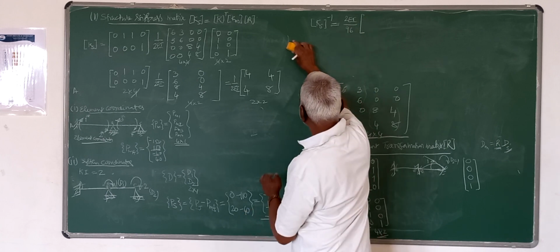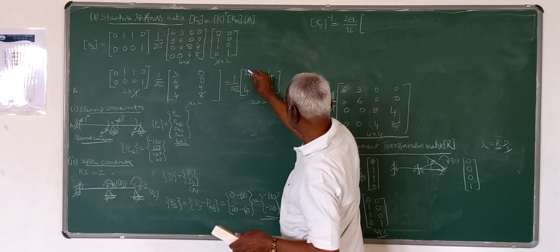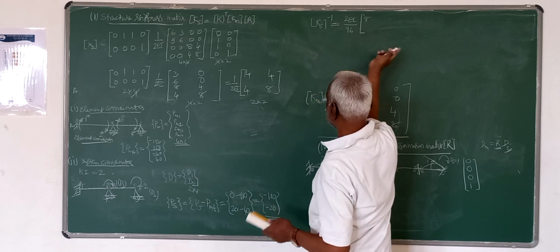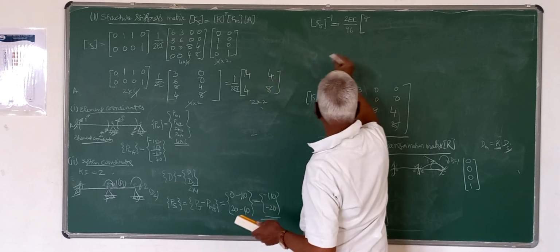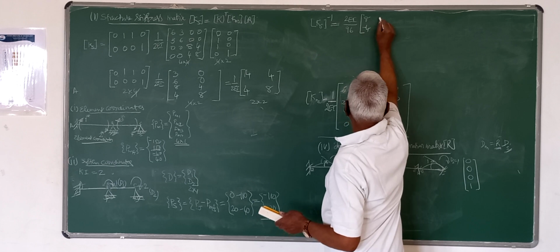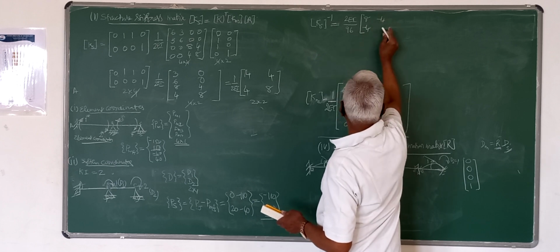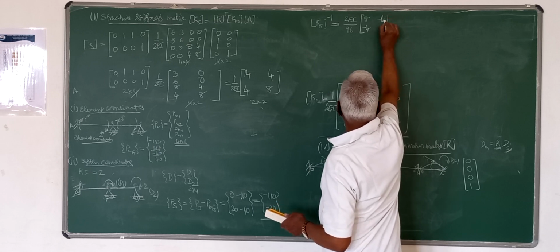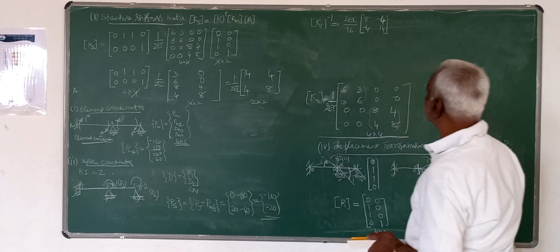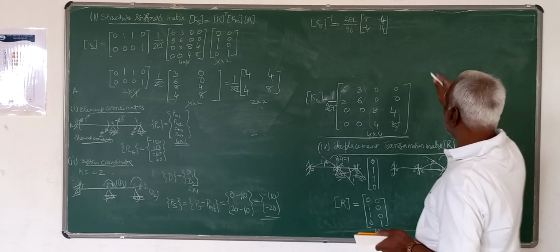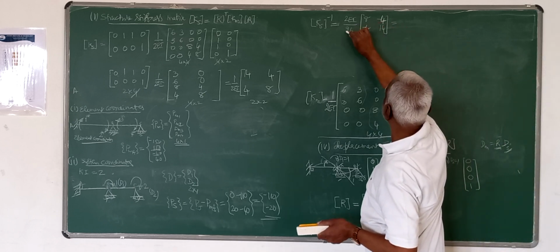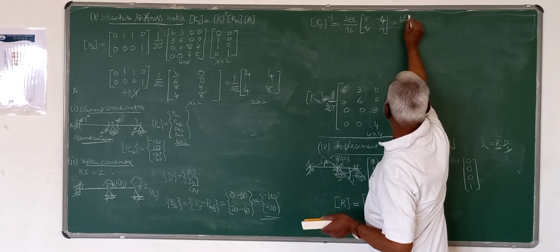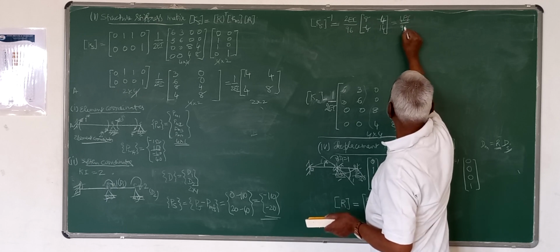Into the cofactors of this. The cofactor of this is 8, then minus the cofactor of this, it is minus 4, and this is minus 4, this is 14. So that is the inverse of this matrix. Or here I can take 2 outside, so I get 4 divided by 96.